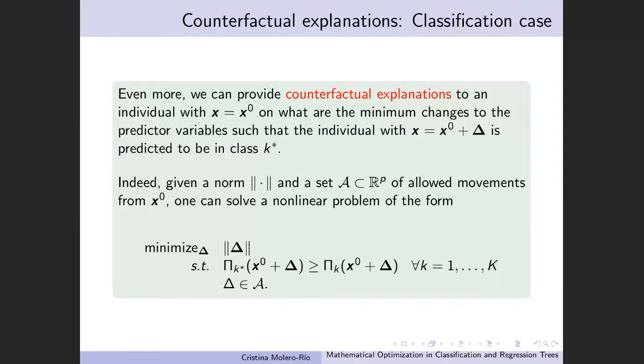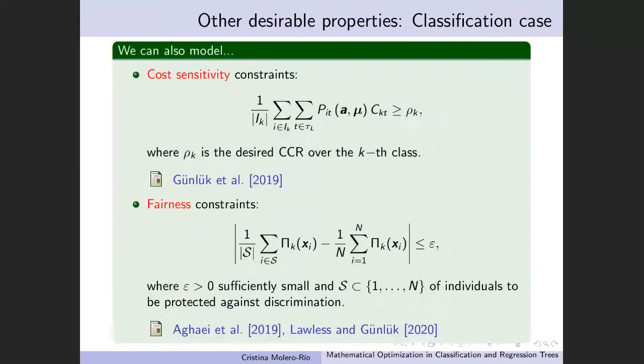that is shown there. And these two characteristics are because of the smoothness of our approach. As I've said, Milo approaches cannot handle this, but also we can model cost sensitivity and fairness.